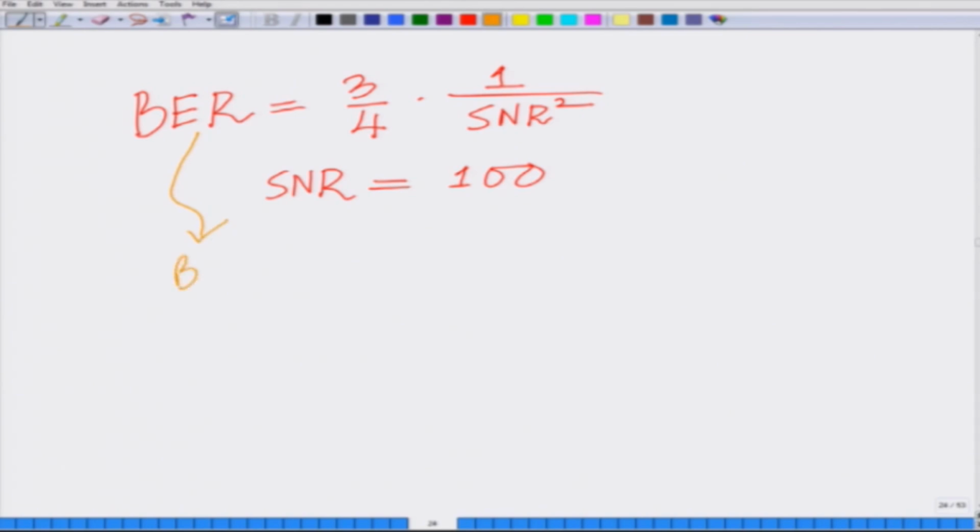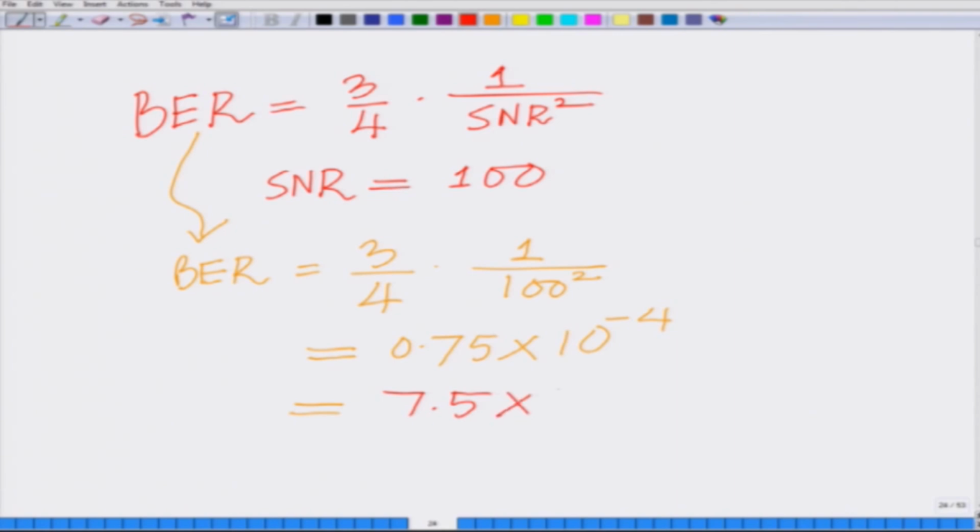Therefore, this implies that bit error rate equals 3 by 4 times 1 by 100 square, which is equal to 0.75 times 10 to the power of minus 4, which is basically equal to 7.5 times 10 to the power of minus 5.